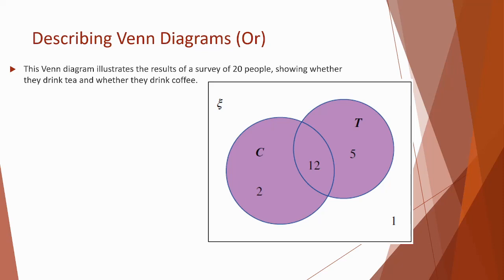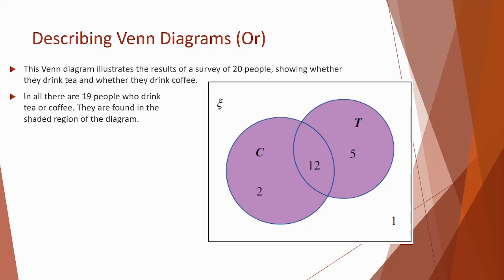With this, I've already shaded the area that is the OR, so people who drink coffee or tea, and we can say that 19 people drink coffee or tea. Now, this is slightly different to either or, as if we're doing either or, we don't count the 12 people who drink both. But when you just see the word or, we also include those people in that intersection.